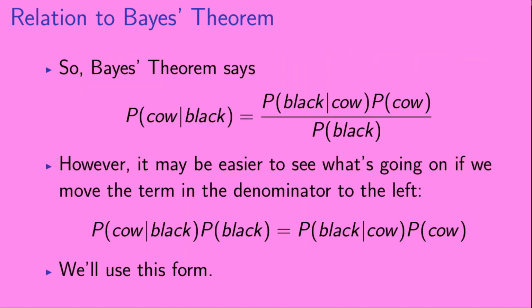Okay, so we have our equation resulting from Bayes' theorem. However, it may be easier to see what's going on if we move the term in the denominator to the left side. So that gives us P of cow given black times P of black equals P of black given cow times P of cow. We'll use this form.